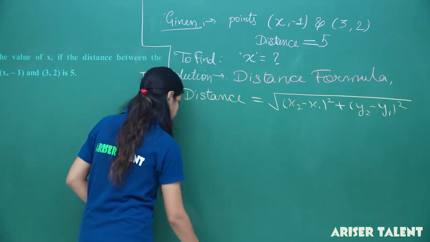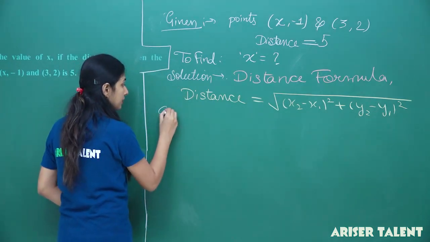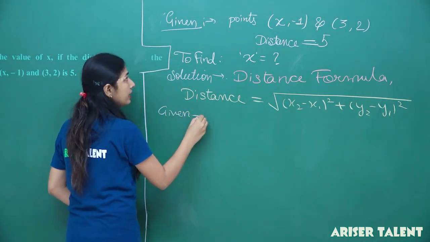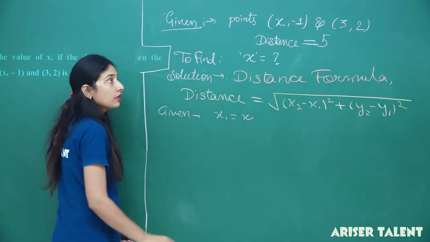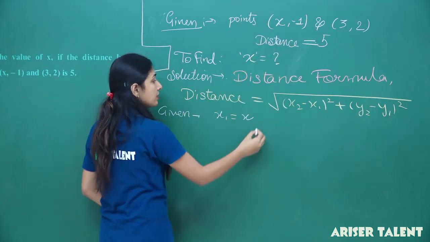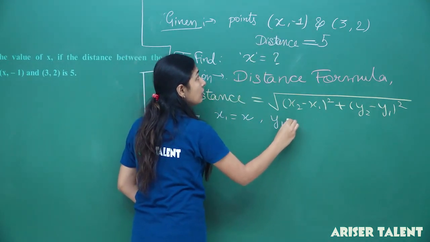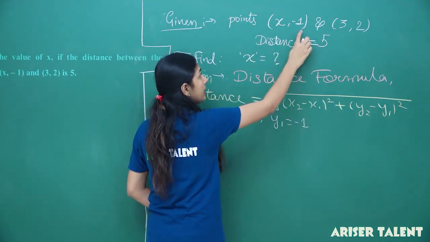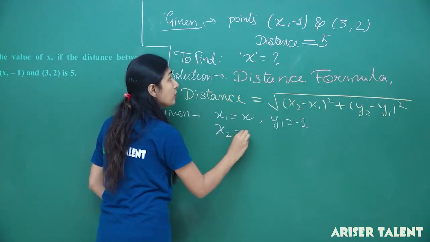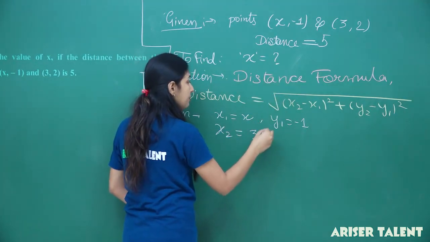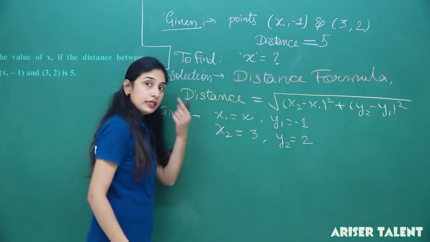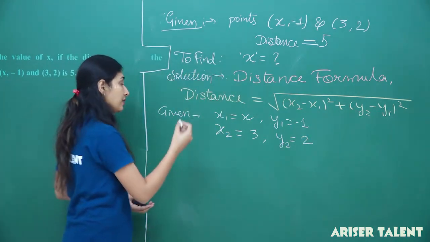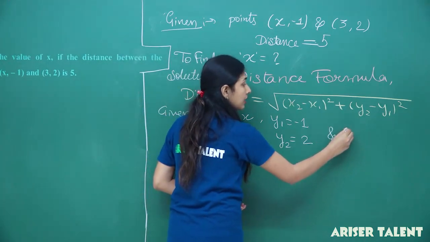Now, given, look there carefully: value of x1 equals x, value of y1 equals minus 1 here, value of x2 equals 3 here, and value of y2 equals 2 there. This is given to you, and the distance is given.